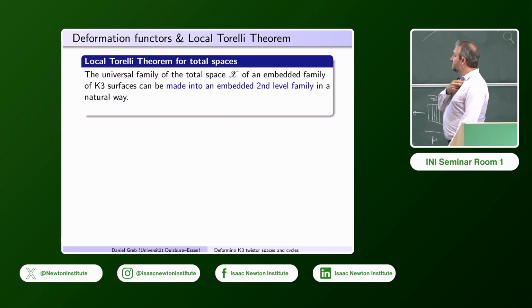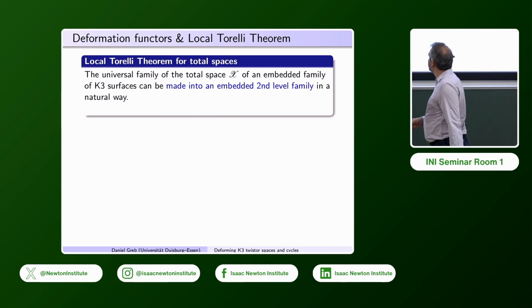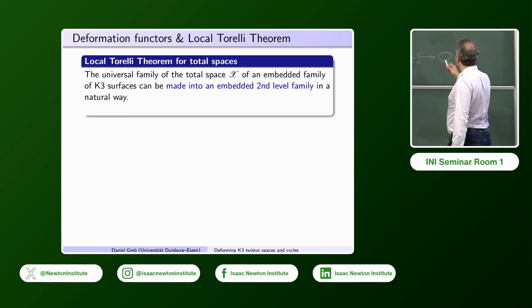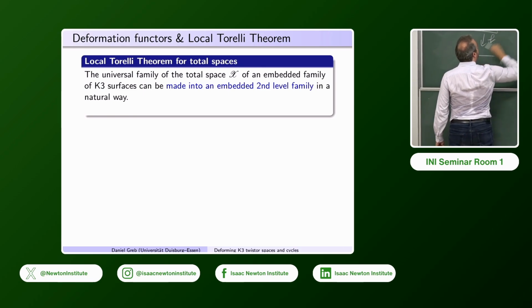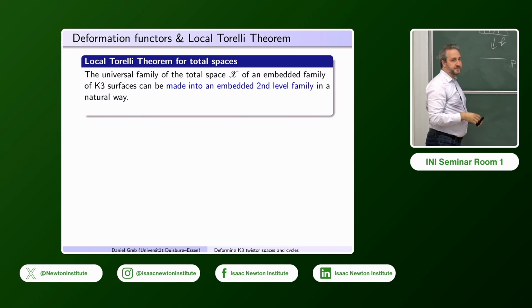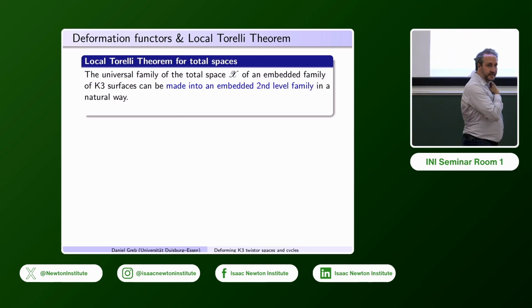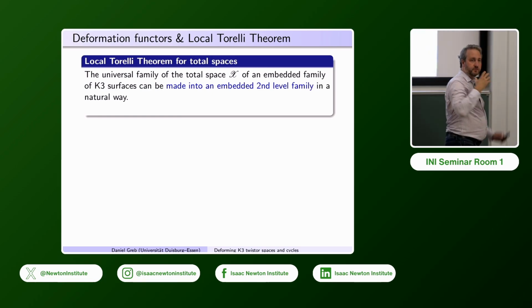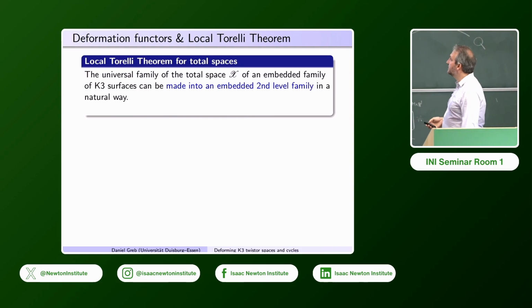So I start with any twistor space, say X. Then, as I said, you can consider this as an abstract complex 3-manifold. This has a deformation space. So you just deform this as an abstract manifold.